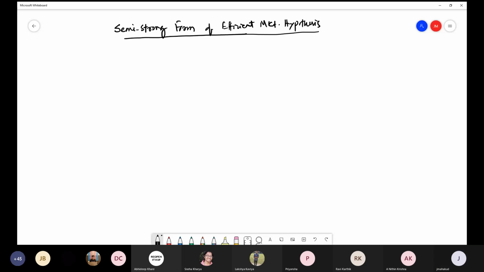One is what in general we call the residual analysis, and another one we call the event studies. So these are the two different approaches we use to test the semi-strong form of EMH.